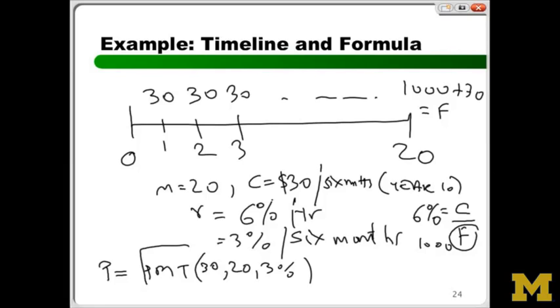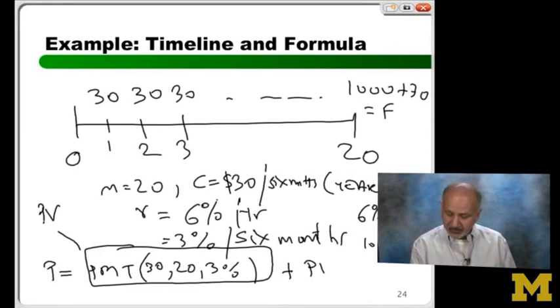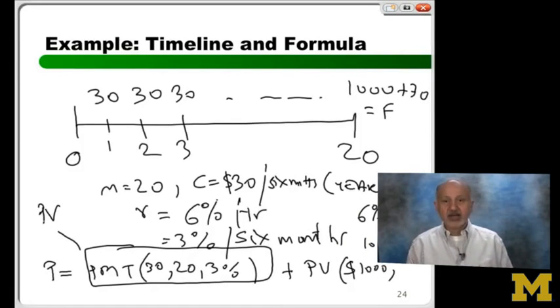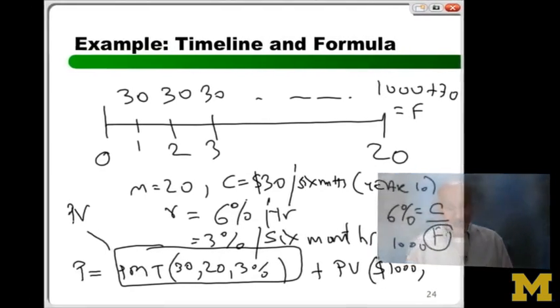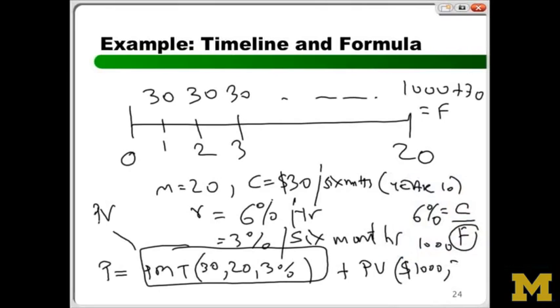And this is the PMT flow, and you'll do the PV of this. So this is the nature of your PMT, and you'll do the PV of this, plus you'll do the PV of 1,000 too. How many years from now? How many periods, sorry? 10 years, but periods 20, and the interest rate is 3%.